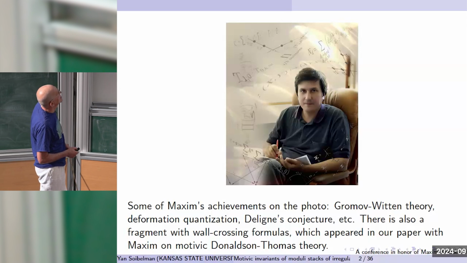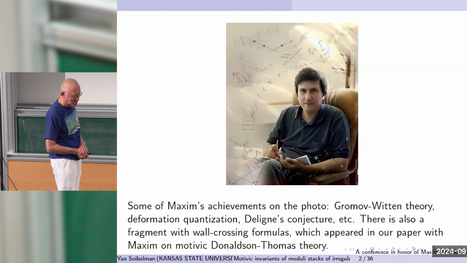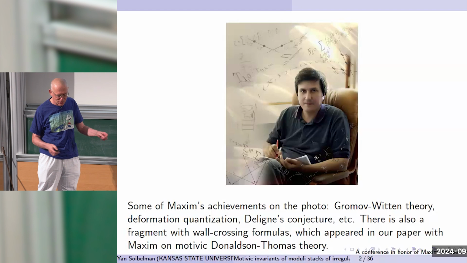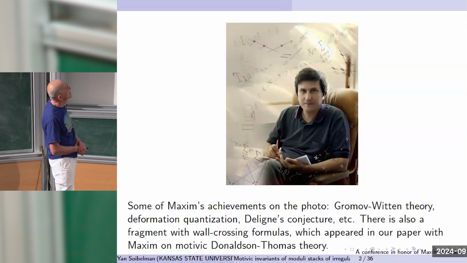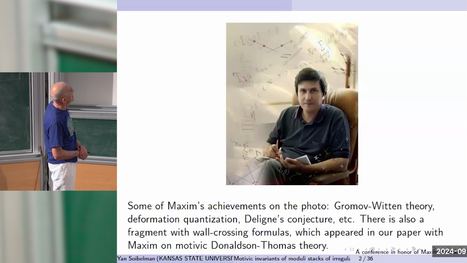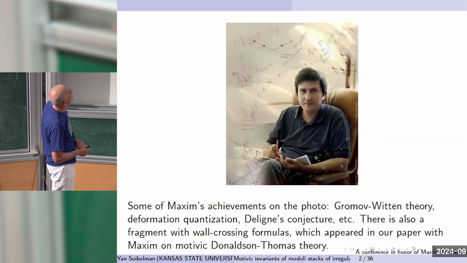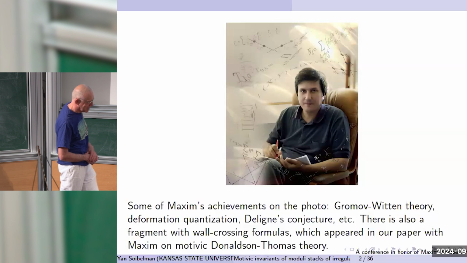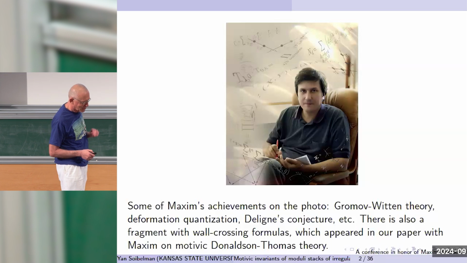For example, you can see his formula for the number of curves on P2 passing through the given number of points, which is, of course, Gromov-Witten theory. You can see some formulas related to deformation quantization, actually to Deligne's conjecture, if you look carefully.